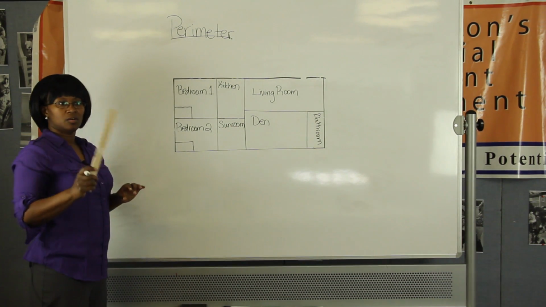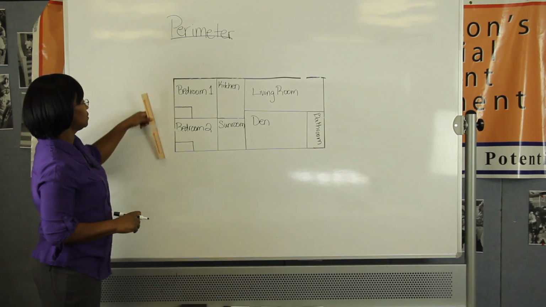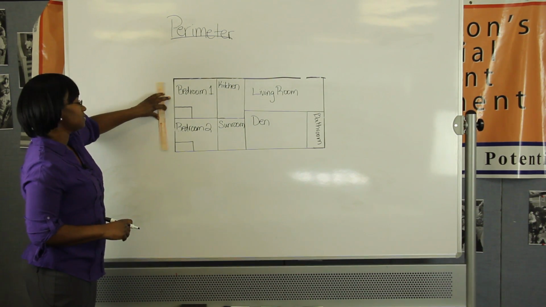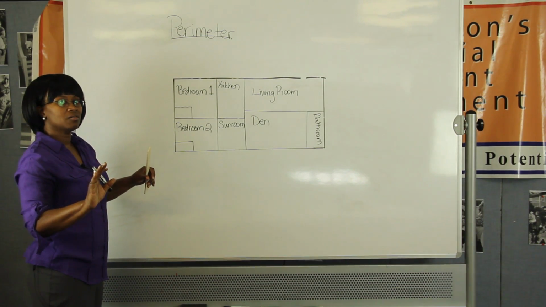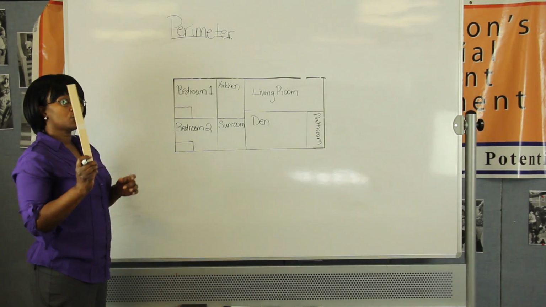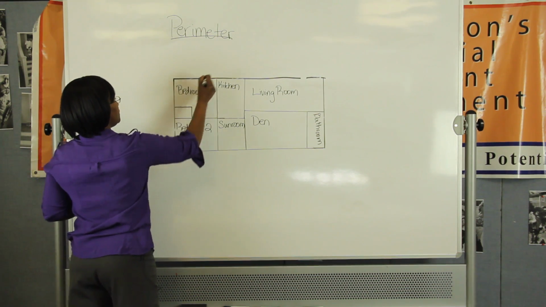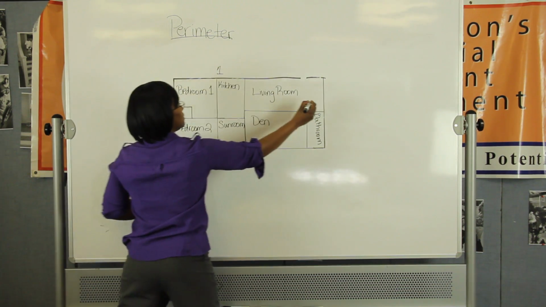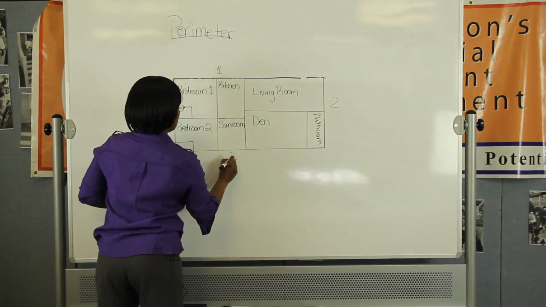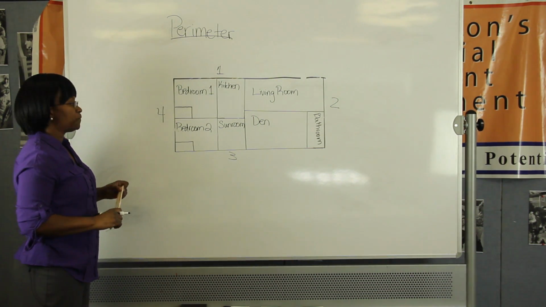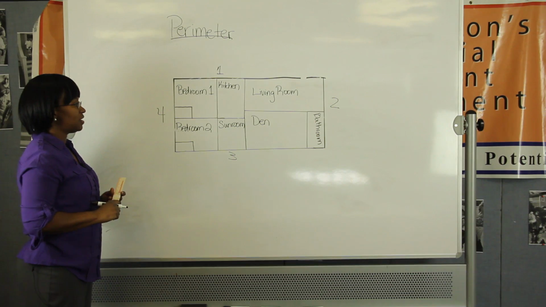Now, what you can do is measure the perimeter of the sides. I'm not going to do all that right now, but you can use your ruler to measure the perimeter. You measure each side. This is the first side, second side, third side, and fourth side, and then you add them all together. But you also need to get to the area.